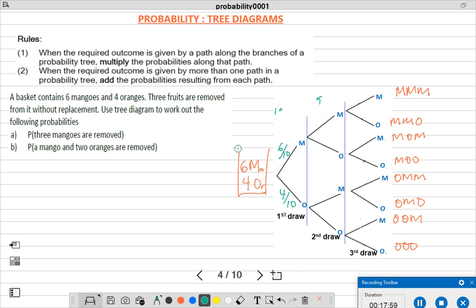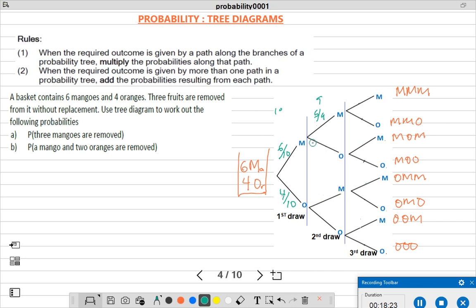So here we are picking from 10, but here we are picking from 9. Meaning that to get a mango here, if we removed the first mango, how many mangoes are remaining? 5. So we'll be having 5 out of 9.